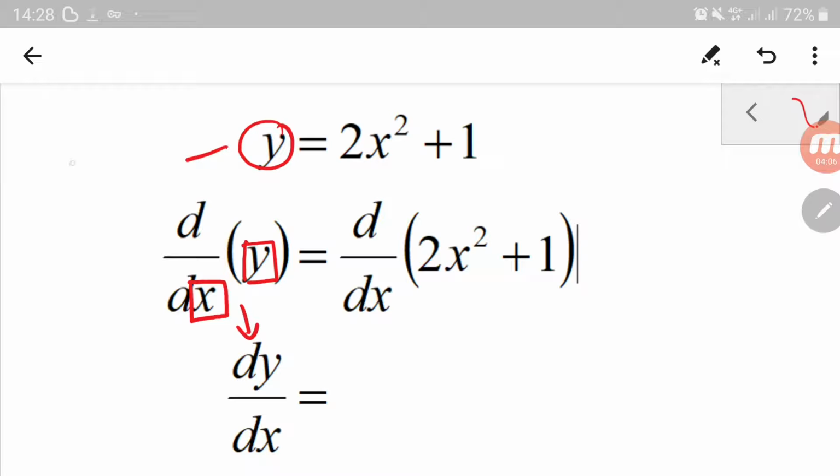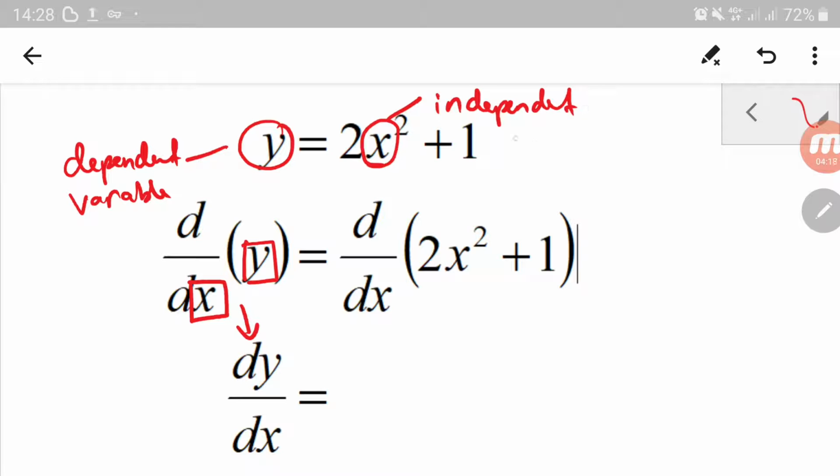y is what we call the dependent variable, while x is what we call the independent variable. As you can see, it becomes dy/dx. For the right hand side, we differentiate x squared in terms of x, and differentiate 1 in terms of x.